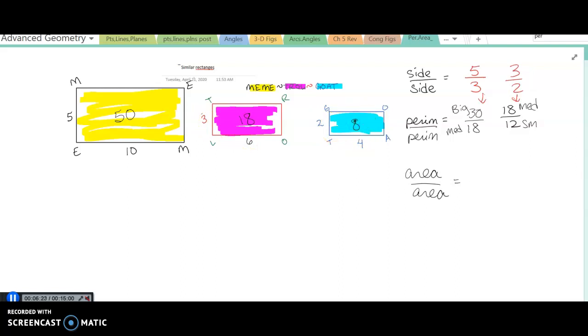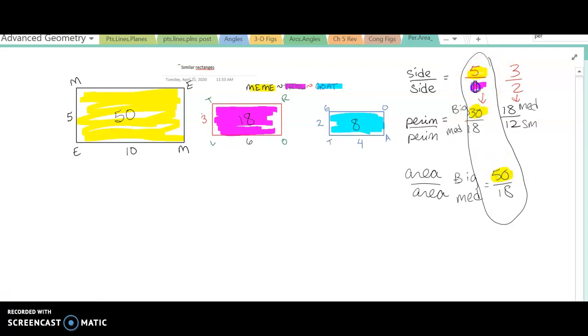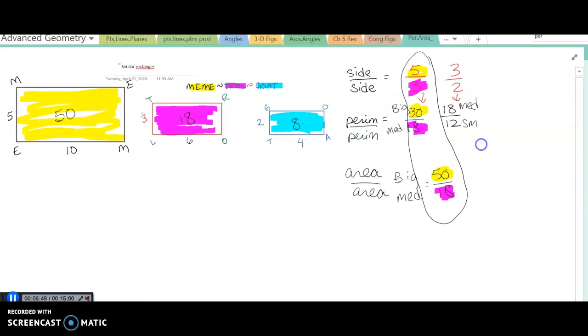So the area to area ratio, big to medium, would be 50 to 18. These are all comparisons of the yellow rectangle to the purple, the meme to the troll. And then comparing the medium troll to the goat, that comparison would be 18 to 8.